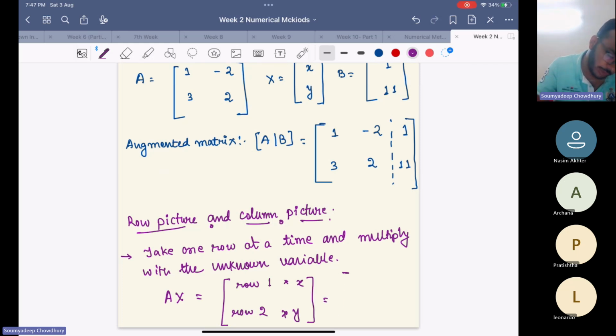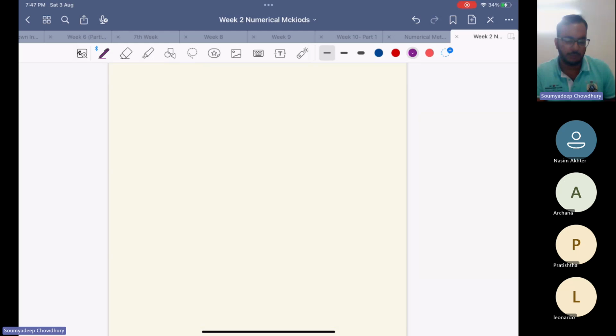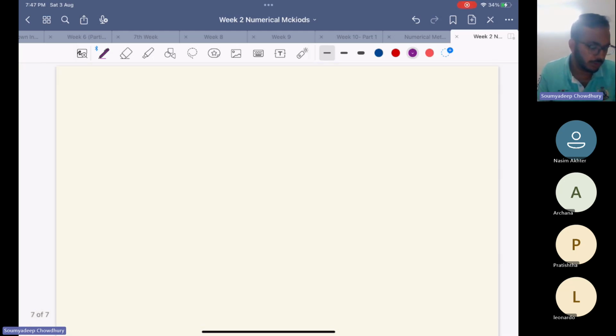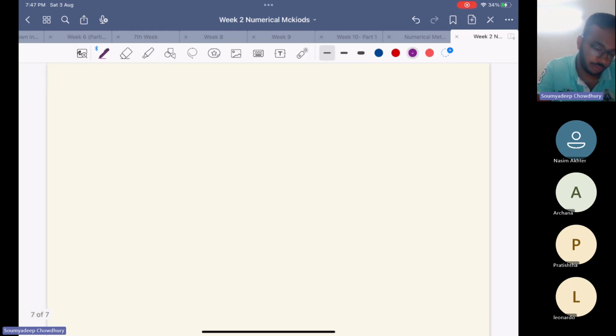What will be the row picture here? x and 3y. This row picture is not much important. What is important is that we look into the column picture and graphically what it is trying to express. So what is the column picture?